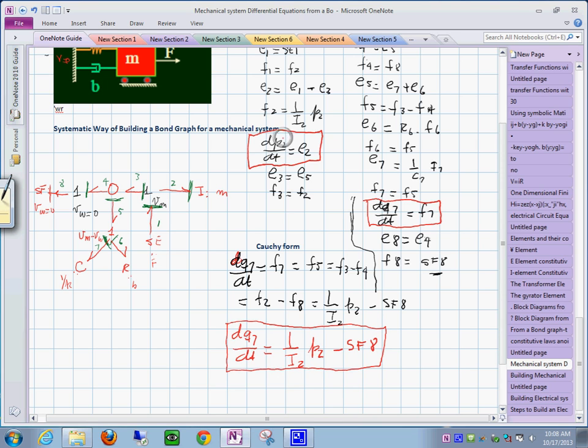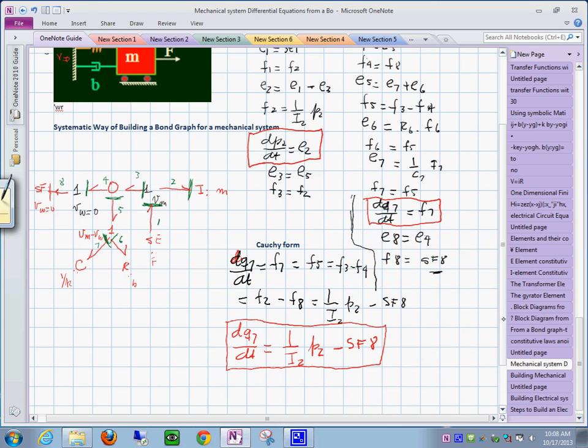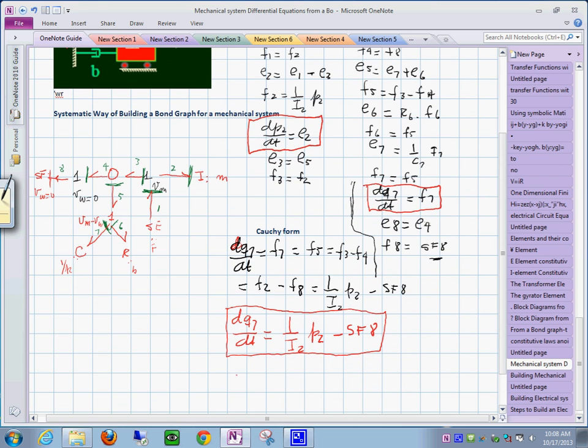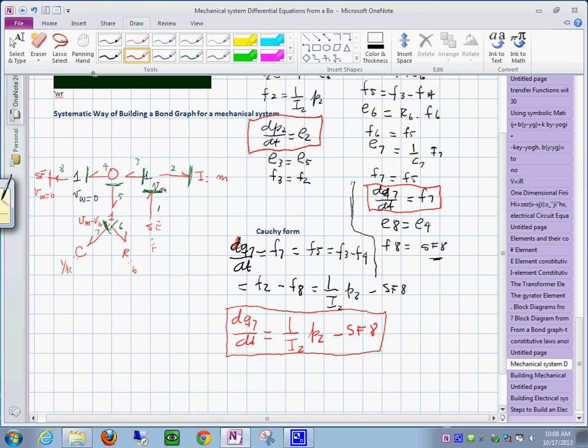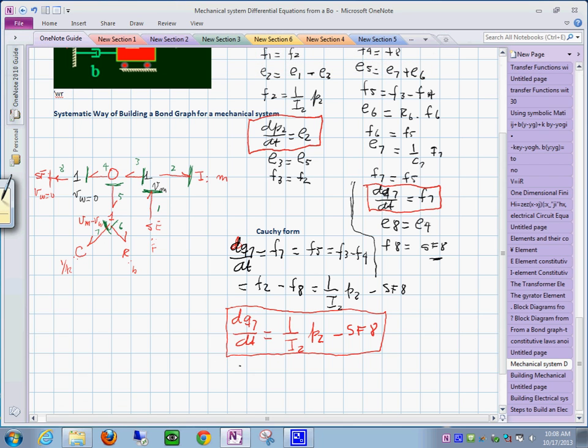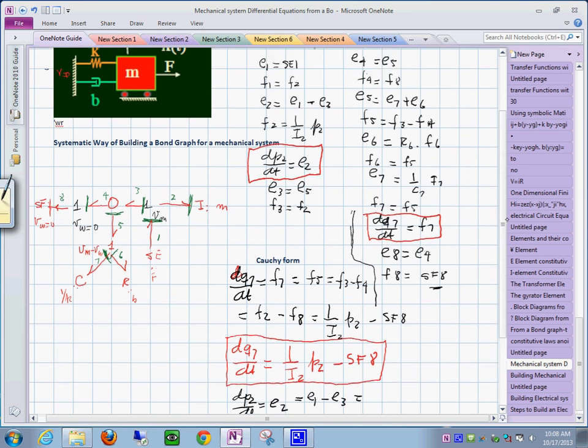And then I need to do it for the other one. dp sub 2, let's change colors again. Here we say dp sub 2/dt is equal to e sub 2 right here. And e2 is e1 minus e sub 3. What is e1 up there?